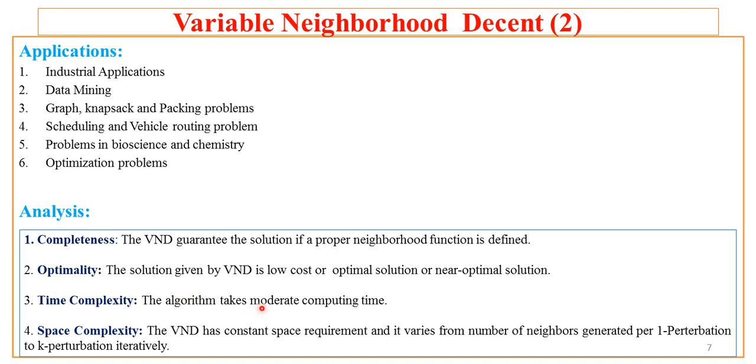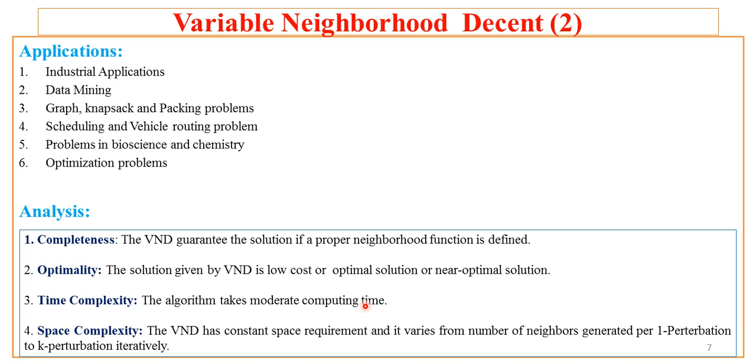Time complexity: it takes moderate computing time, because each time we may get some 5 children, next time we may get 10 children, next time 20, 30 children. So this child set has some n value. It is not exponential, it is a linear value.